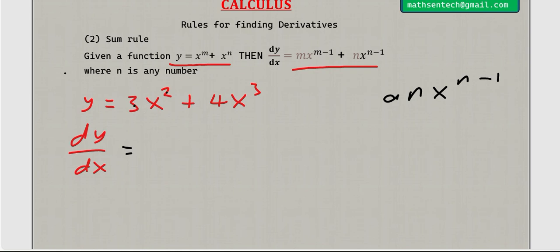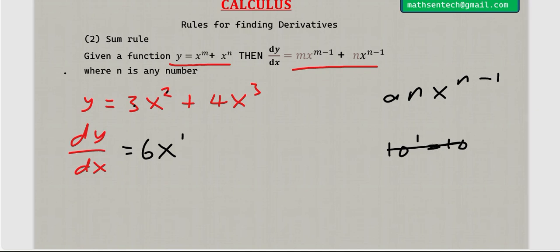So a times n is 3 times 2, which is 6. So 6x, then 2 minus 1, which is 1. Because any number raised to 1 is still that number. For example, if you raise 10 to power 1, this is still 10. Okay, so x raised to power 1 is still x. So there's no need of putting this one right here.